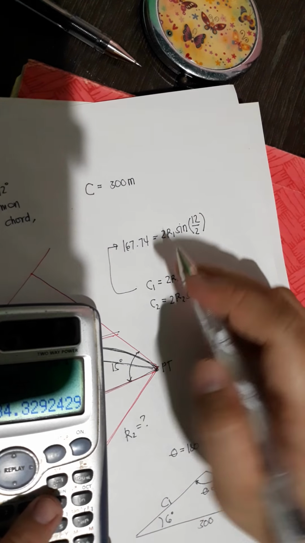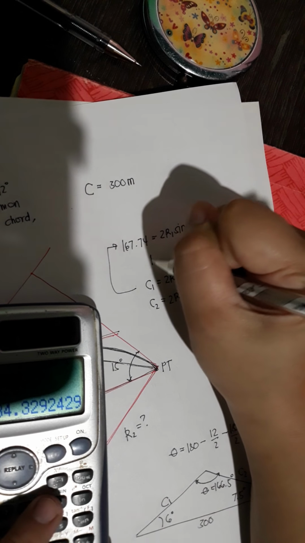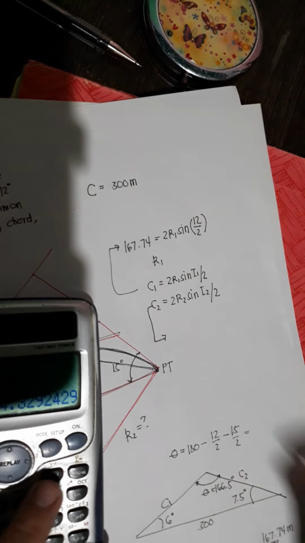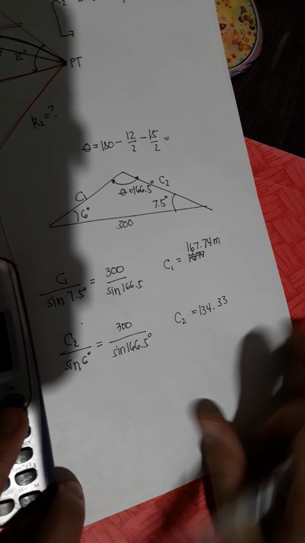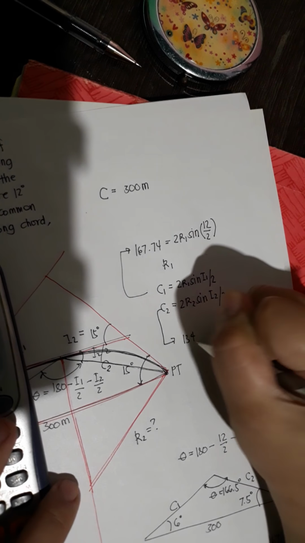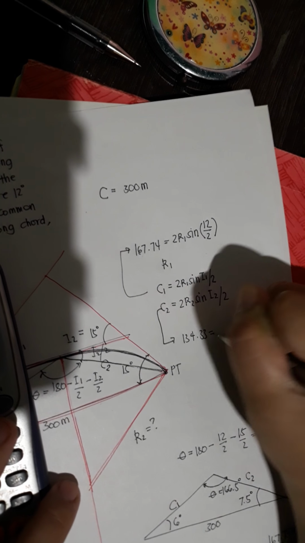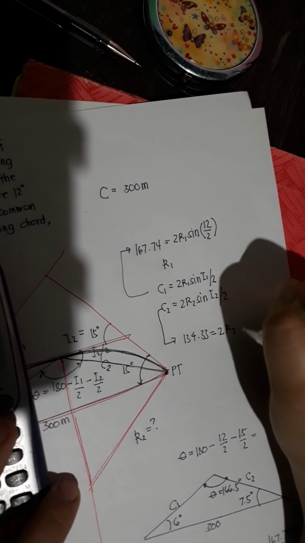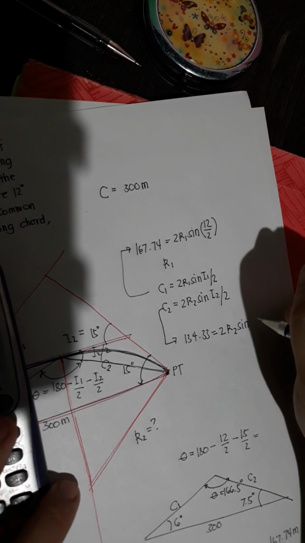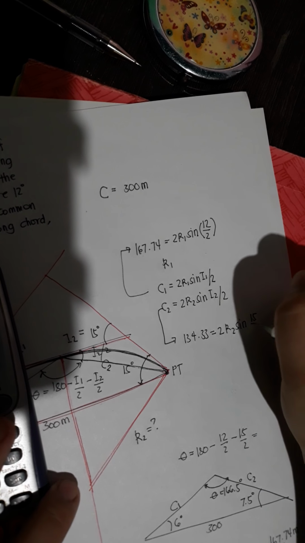From this equation, we can get R1. And in this other equation, we already solved C2, 134.33, which is also equal to 2R2 sine I2 over 2, and I2 over 2 is 15 over 2.